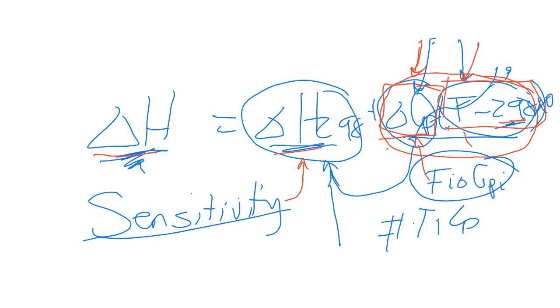Okay, let me just check. There's another chat question: how do we decide on what tolerance to use for your design, my design? I'm not sure that I understand that question correctly.